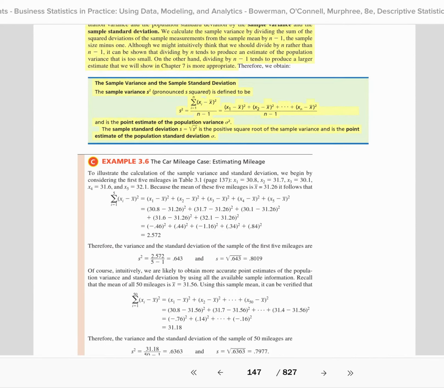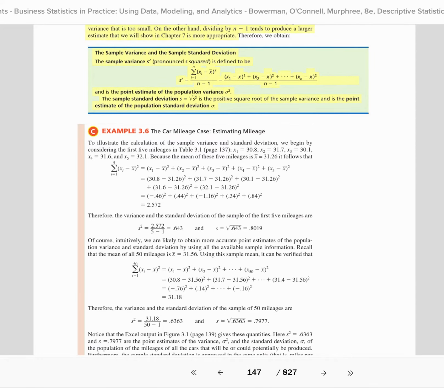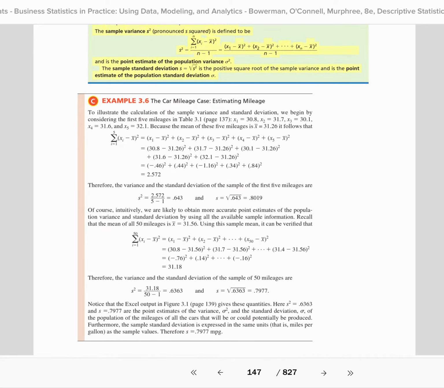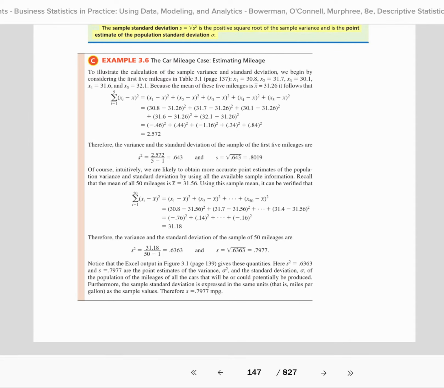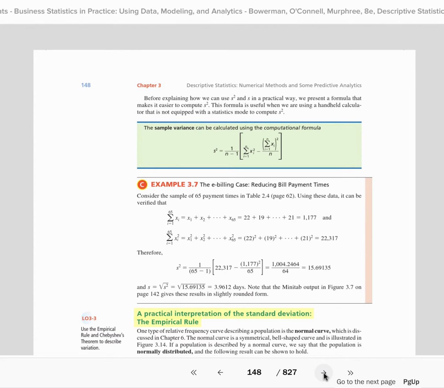So we went back to the car mileage case and we calculated the sample variance. After you calculate the sample variance, you can calculate the standard deviation, which is only taking the square root of your variance.